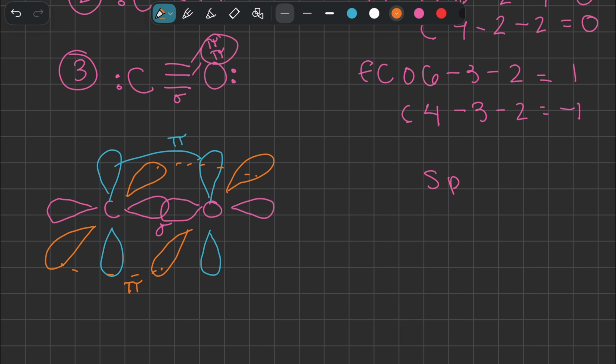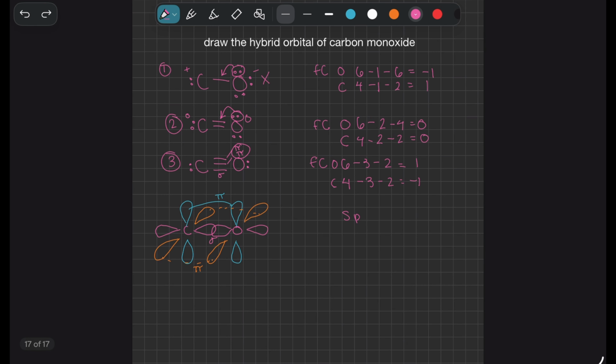And so the importance of what we did earlier is, now that we have our hybrid orbital structure here, we have our pi bond on the bottom, and we have a pi bond on top that is a horizontal connection, but a vertical dumbbell.